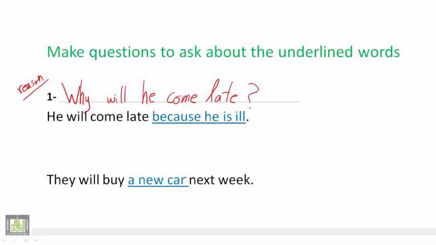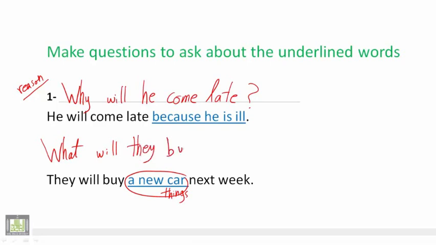So we are asking about a new car, which is a thing, and when we ask about things we use what. So it becomes what will they buy next week?